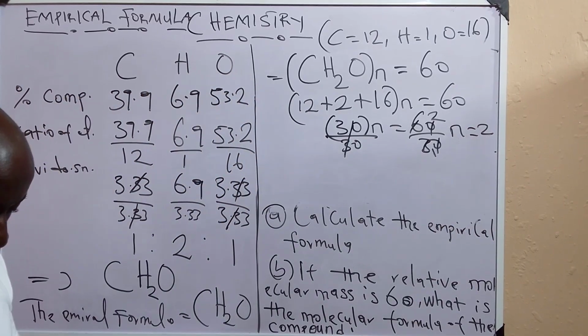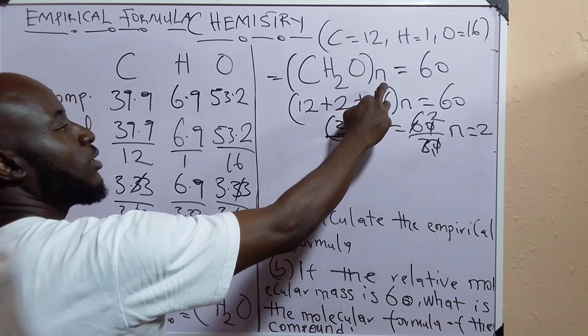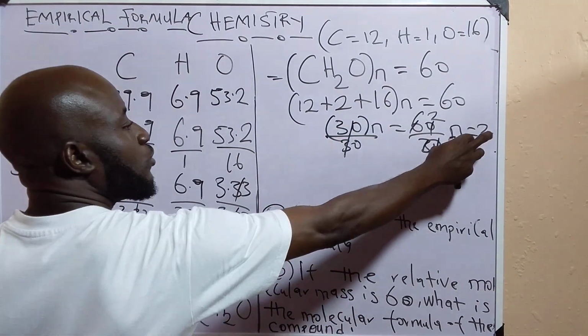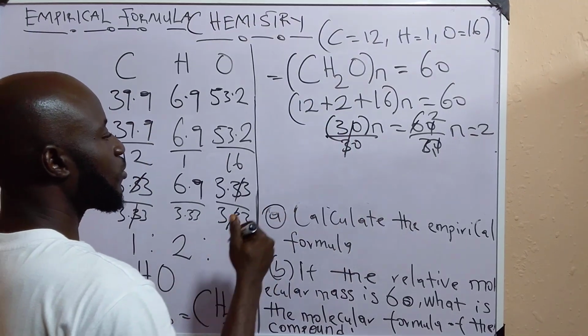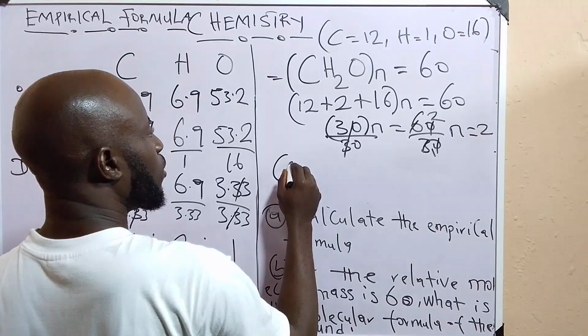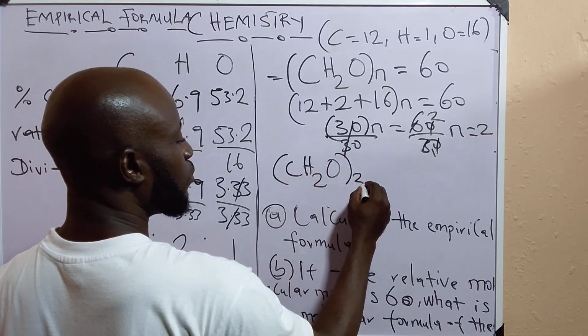Are we there? So for you to find the molecular formula of this compound, you use N, as we say, that is a multiple of the empirical formula. You use 2 to multiply the empirical formula, which is CH2O, multiplied by 2.